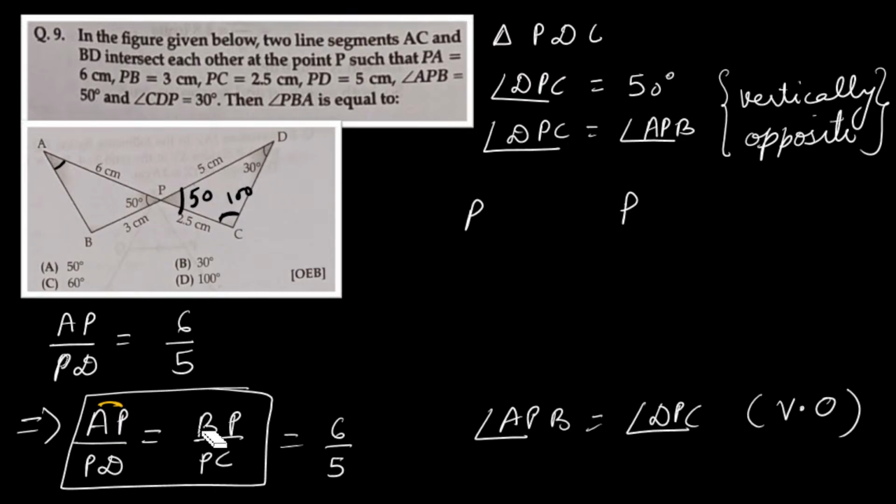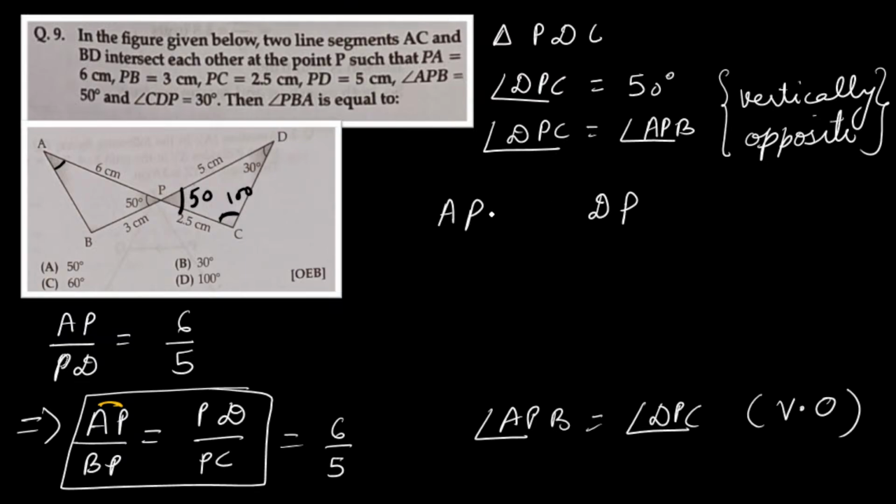I wrote it differently. It should be BP over here and PD over here. Corresponding sides I have to write. So AP and PD, and here it should be D.